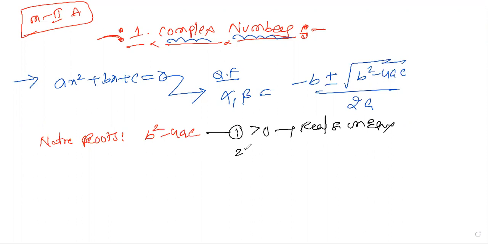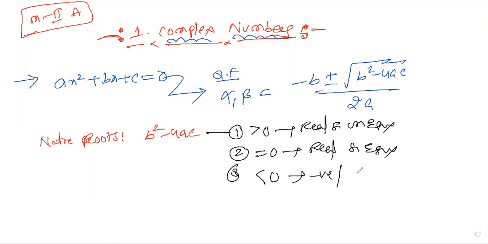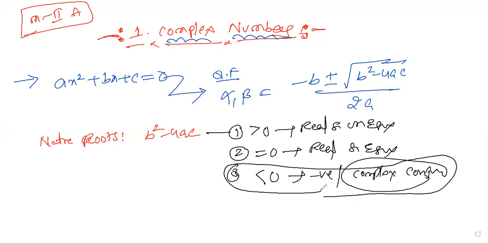If b square minus 4ac is equal to 0, the roots are real and equal. In the third case, if b square minus 4ac is less than 0, it means a negative value, and the roots are complex conjugates. This is the nature of the roots. In that case you will get values that we call complex numbers.